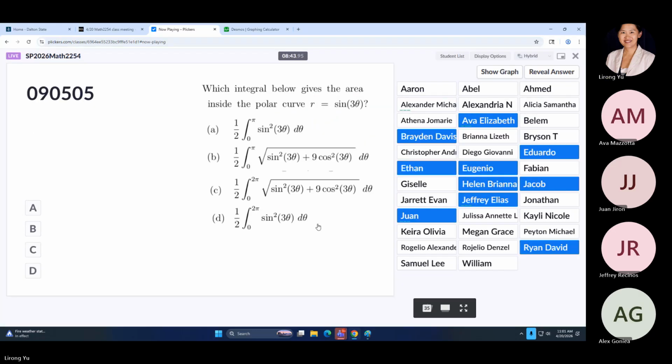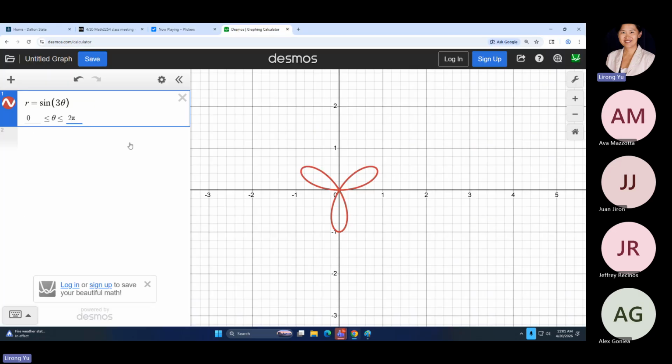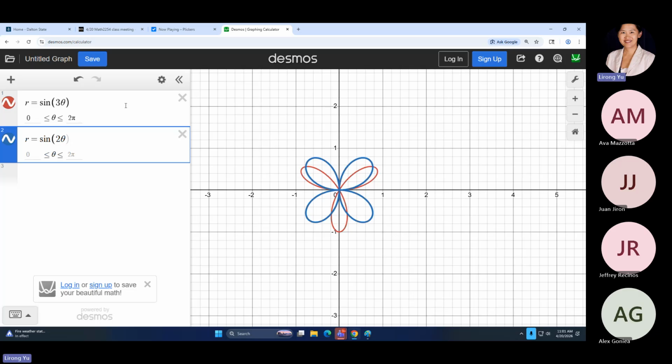Because for an odd number, it's a three-petal rose. If you have an even number, like r equals sine 2 theta, then the petals are doubled, so 2 doubled is 4. In this case, you have to go from 0 to 2 pi to have the full shape. If you only have 0 to pi, it only draws half of it.